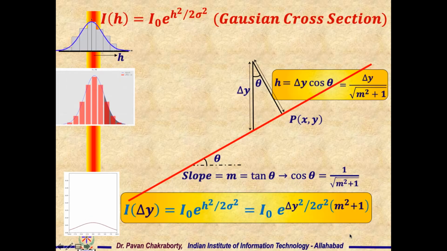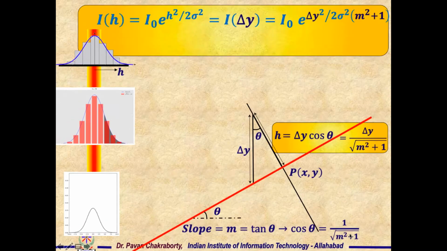Now surprisingly, you will notice that the equation, that is I as a function of delta y, is also a Gaussian function by itself. Only that this particular Gaussian function has a different cross section.